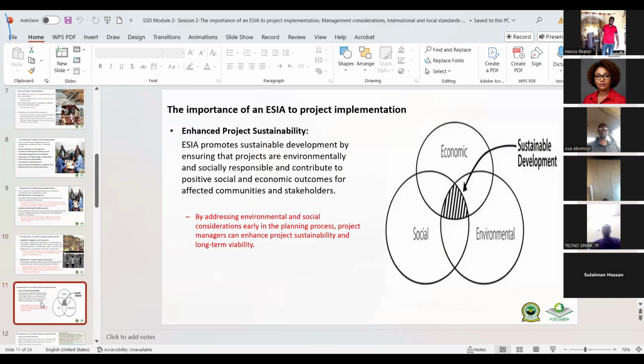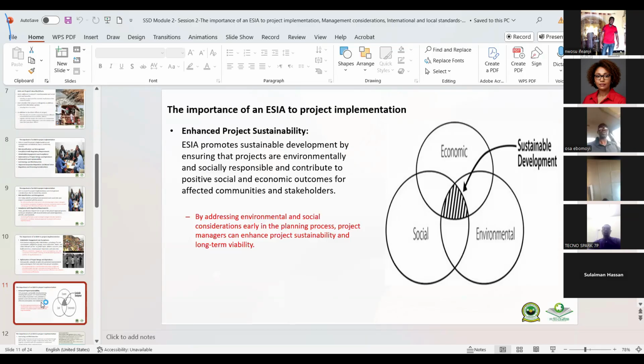Enhance project sustainability. ESIA promotes sustainable development, ensuring that projects are environmentally and socially responsible and contribute to positive social and economic outcomes. When we talk about sustainability, we're talking about integration of the economic, environment, and social. That integration will help you to have a project that will take its course beautifully without any hindrance.